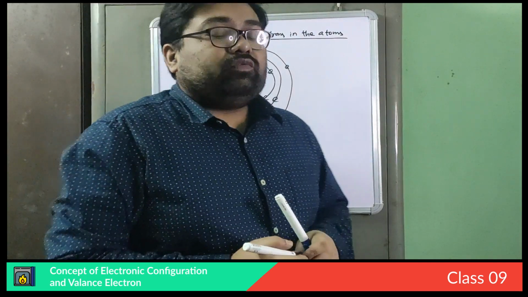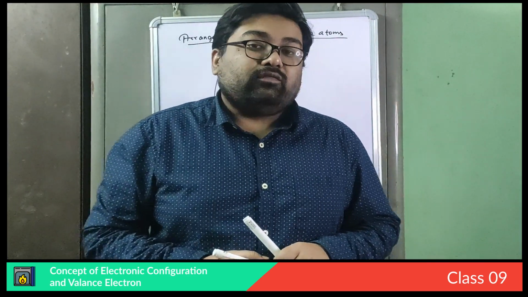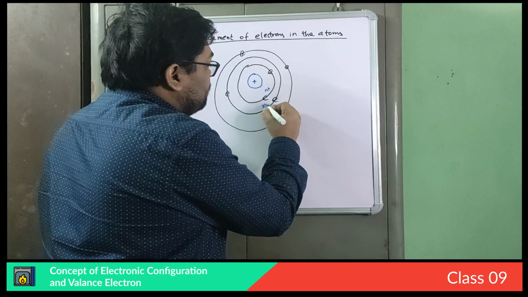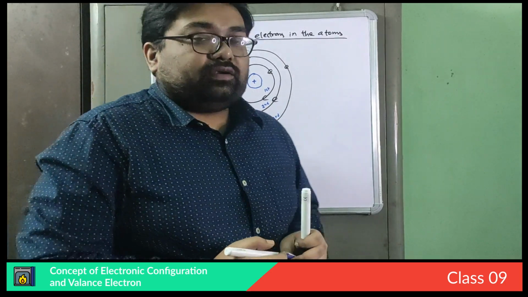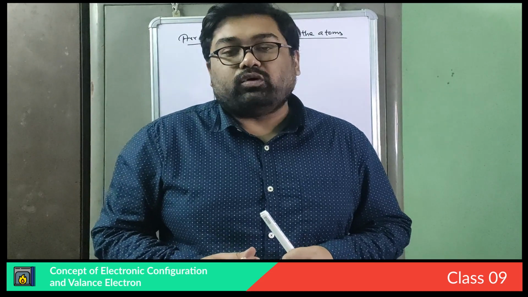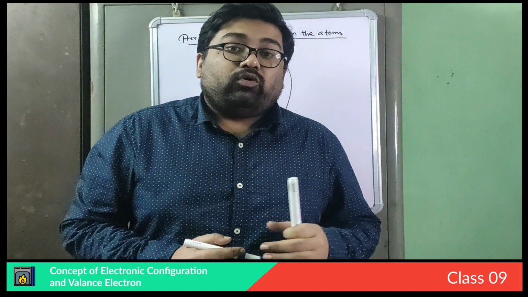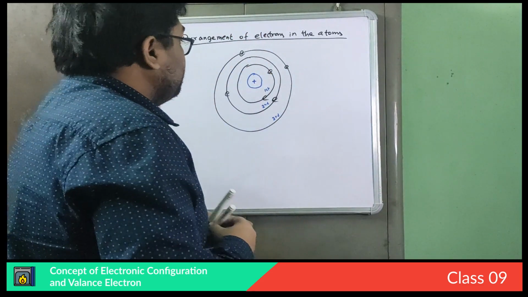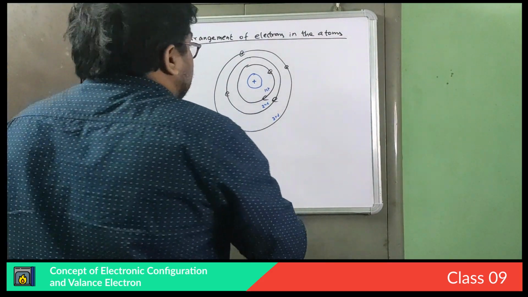Now, what we have done is we have represented the energy levels as, we consider this as the first energy level, this as the second energy level, and this as the third energy level, and it continues, fourth energy level, fifth energy level, and so on. Similarly, as we know that Bohr suggested these energy levels as shells, we are representing the shells by various letters.